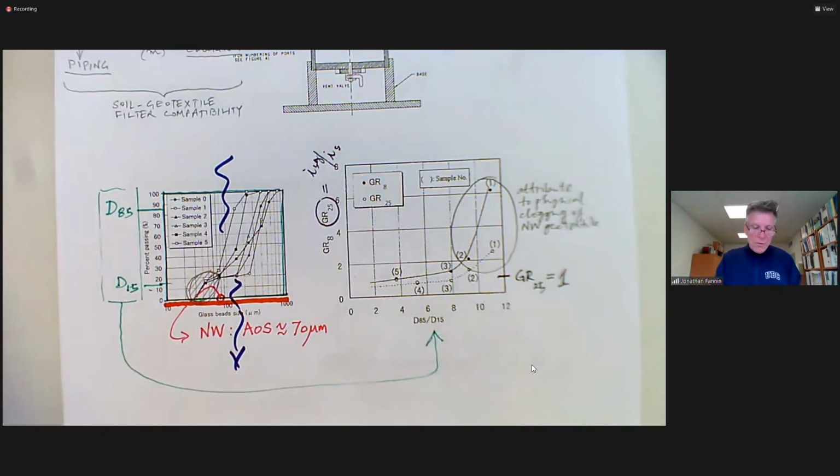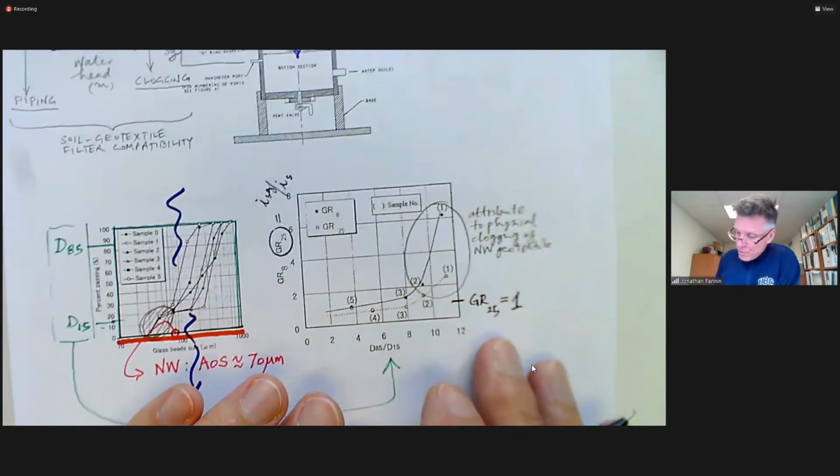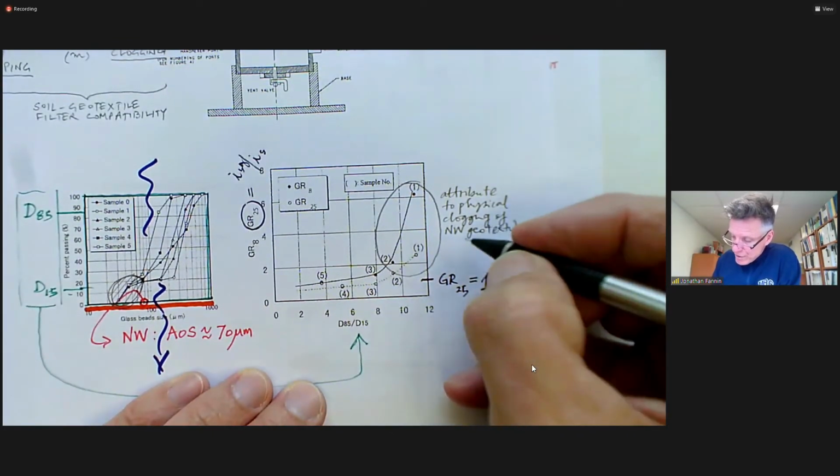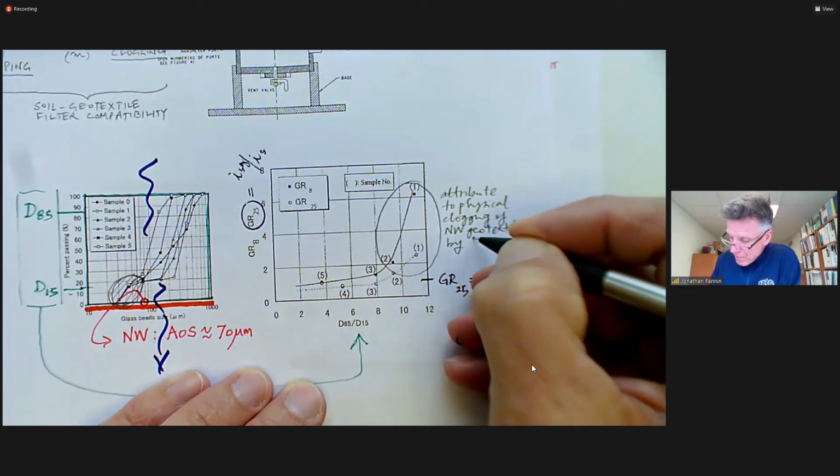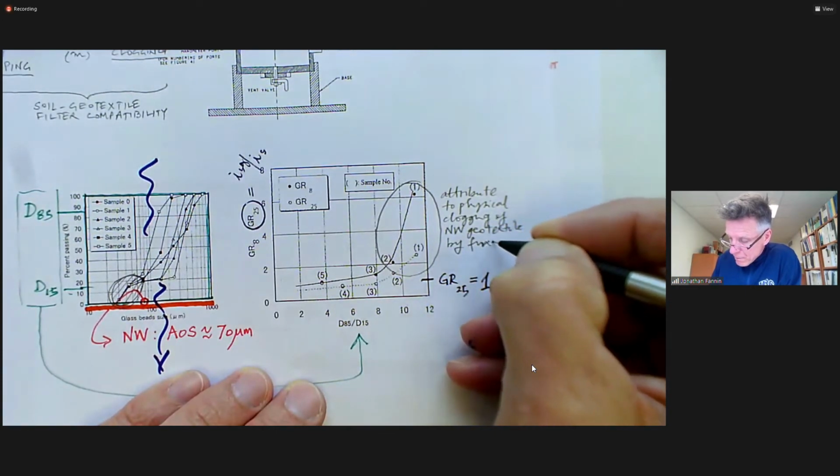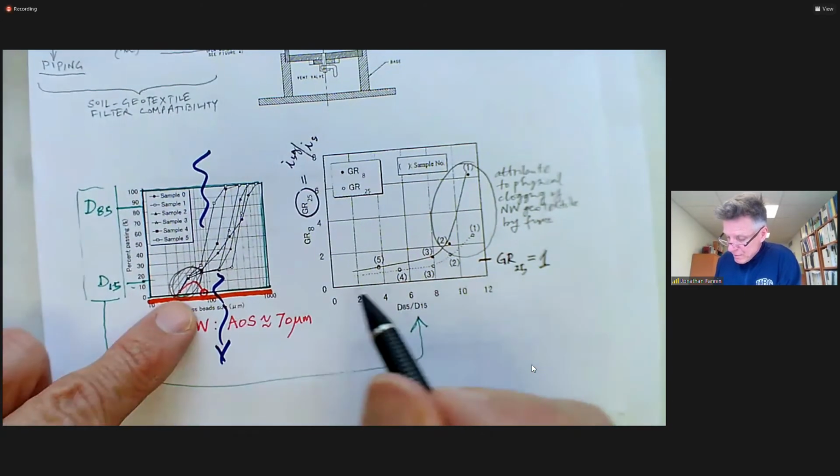So it was almost as if the geotextile was always going to physically clog if that finer fraction became mobile.